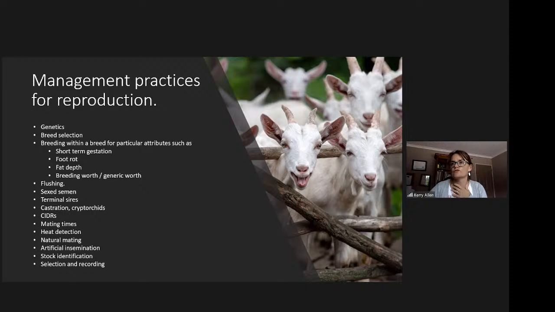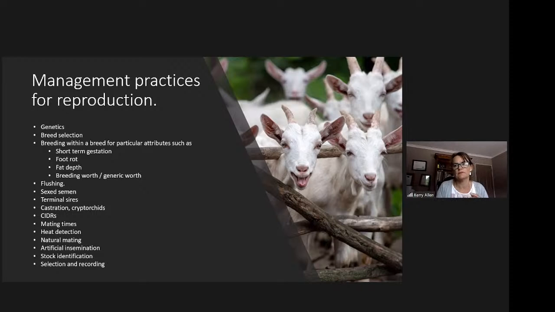This one is on reproduction only. So here there's a whole range of things. We could look at genetics of the animals, breed selection. We can look for particular traits, such as in sheep, we might look for foot rot resistance. Then we can move into the actual process of mating, looking at sexed semen or terminal sires or flushing.